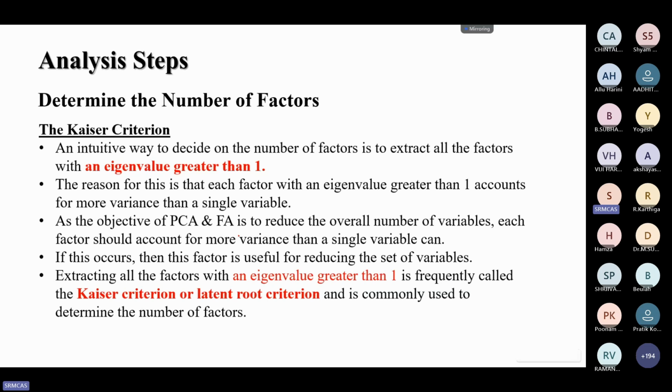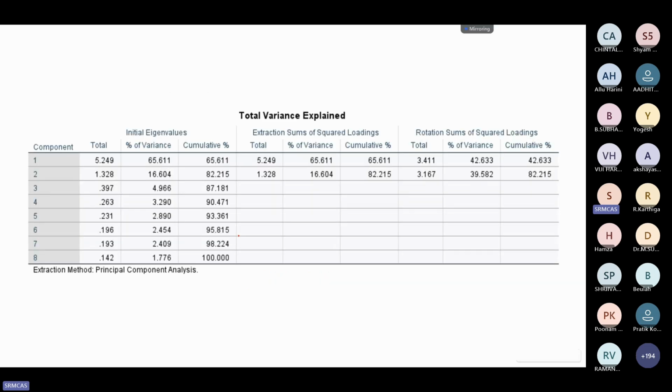Okay, so this is the result of the factor analysis. Here we can get the eigenvalues. Wherever the eigenvalue is more than one, we can select those factors. Here we have used 5 variables and we got 5 factors. Among these 5 factors, those with eigenvalues more than 1 can be selected for the further analysis.